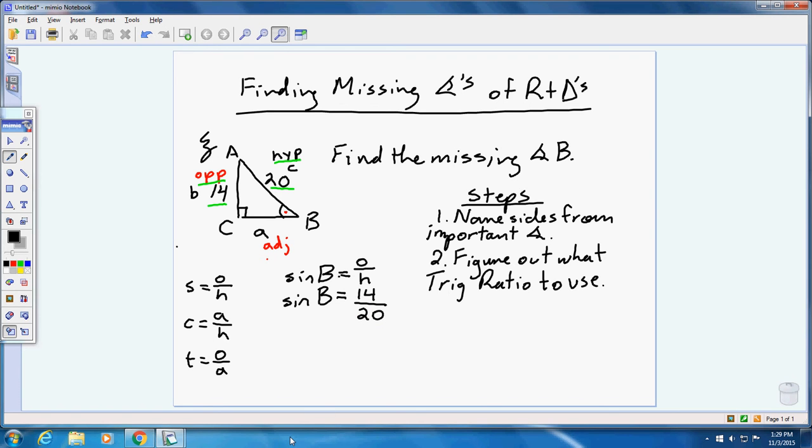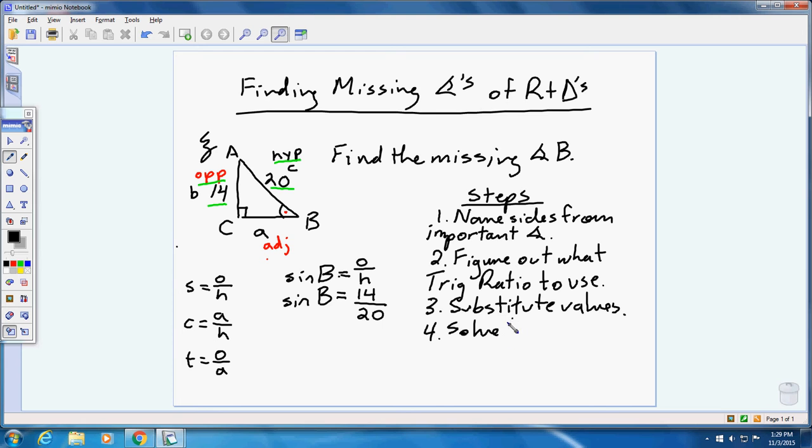Alrighty. I guess we should put step 3 down here. Substitute values. Step 4. When finding an angle, remember that special button on our calculators that we have to hit is a second function button. So we'll say substitute values and solve.